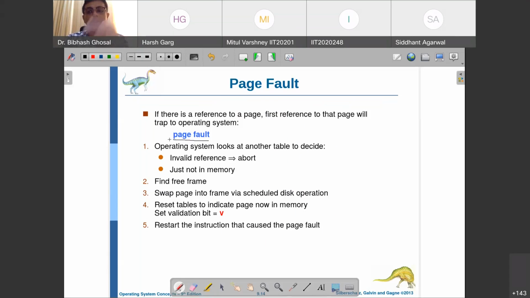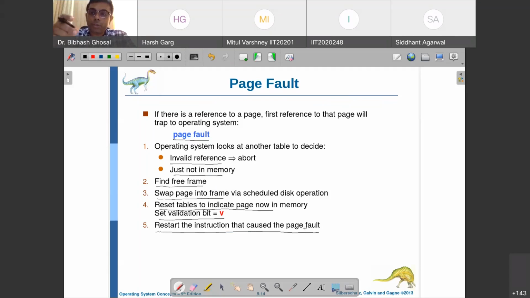Now we have to jump to a different location and bring that page. So the operating system looks at another table to decide if it is an invalid reference or just not in memory. Find whether there is a free frame, swap the page into the frame, reset the table to indicate that the memory now has the page, set the valid bit to V, and restart the instruction that caused the page fault.